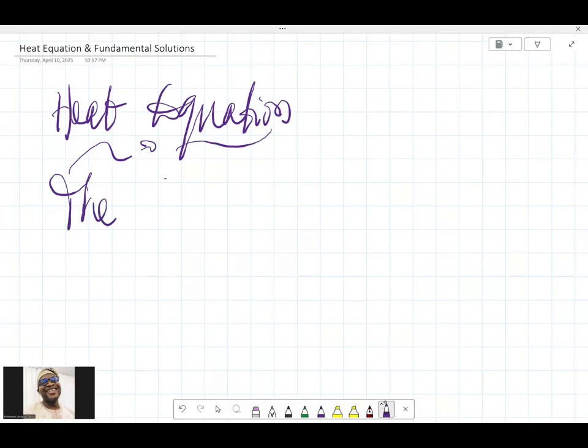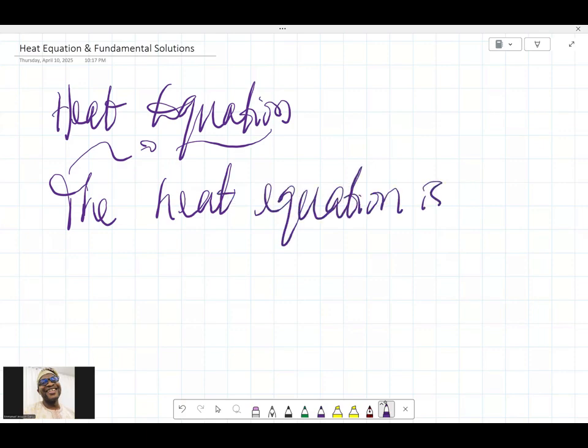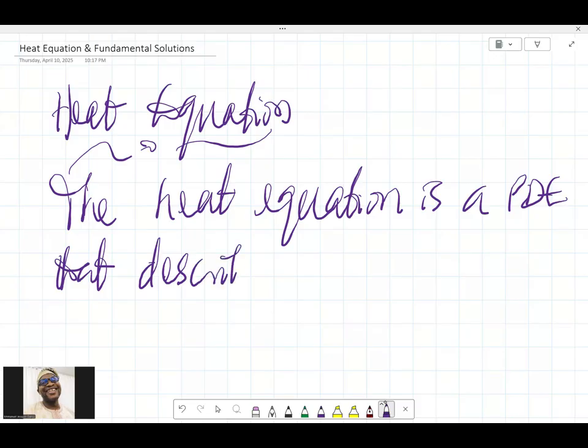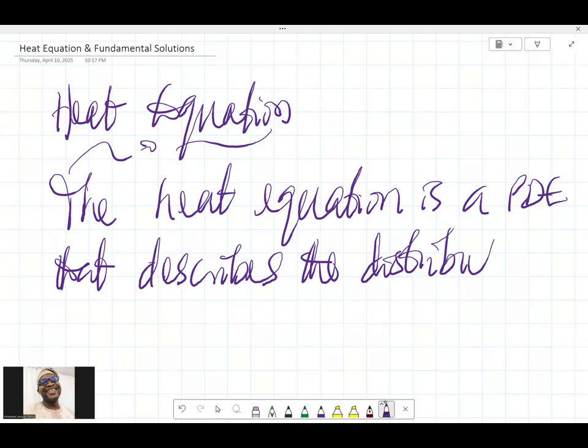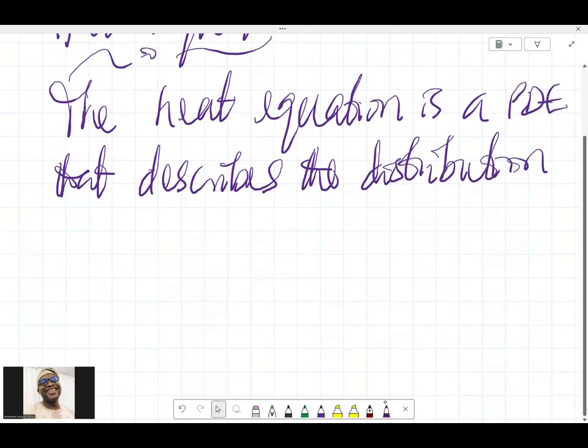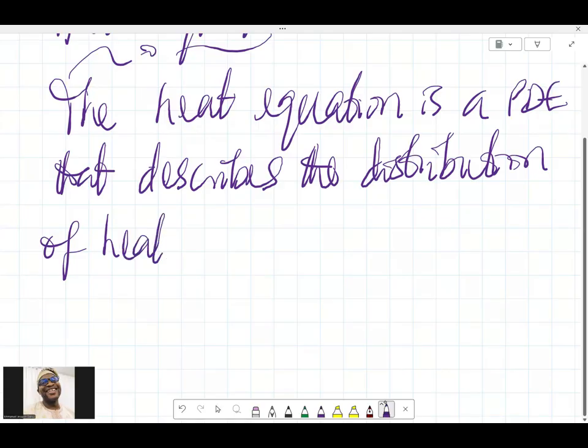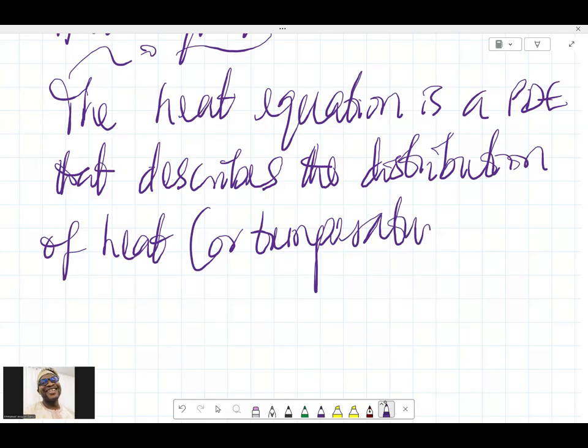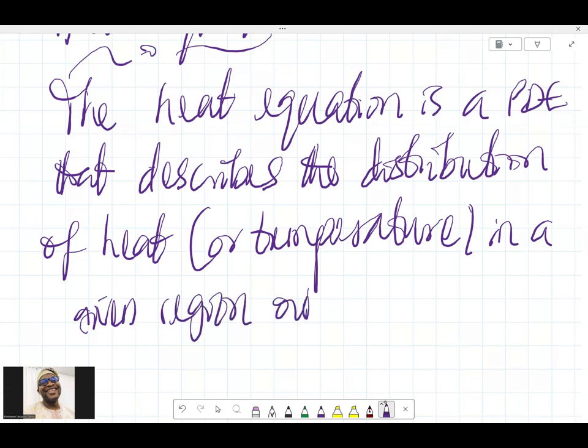So the heat equation is a partial differential equation that describes the distribution of heat, or if you like, temperature, in a given region over time.